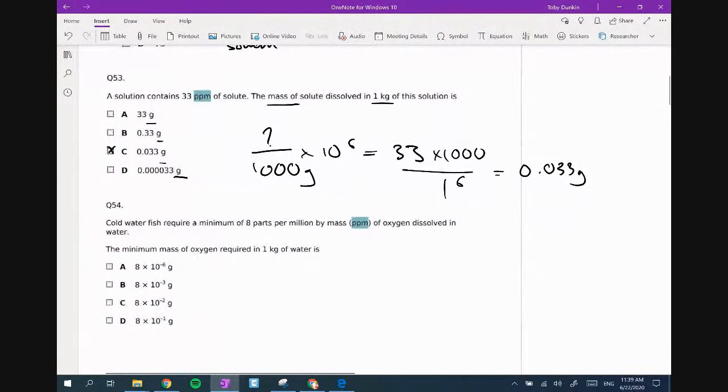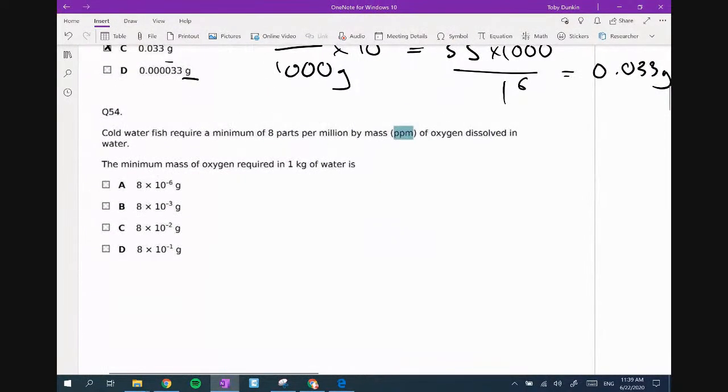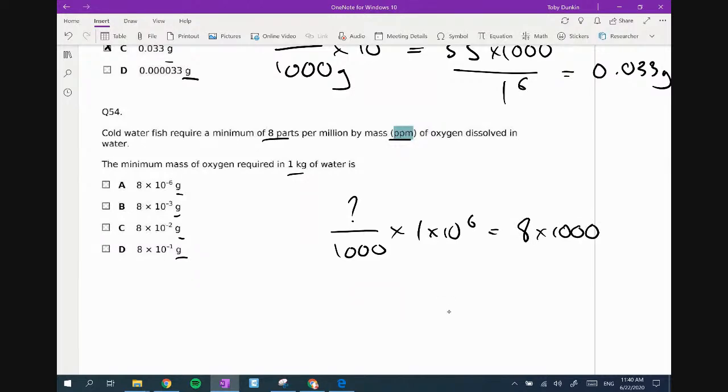Next, cold water fish require a minimum of 8 parts per million of oxygen by mass in water in 1 kilo. So we've got what is the minimum mass of oxygen over 1,000 grams, because we're in grams in the answer, times 1 exponential 6. It should actually be 1 times 10 to the 6, and that's going to equal 8. Reorganize, times 1,000 over 1 times 10 to the 6.